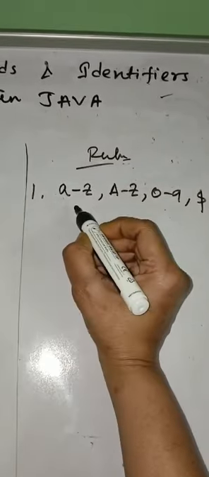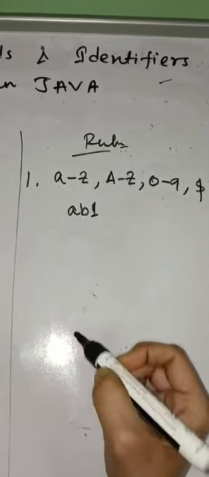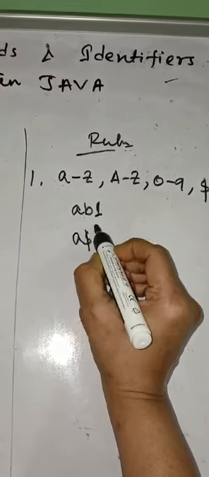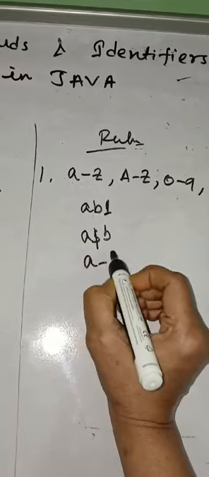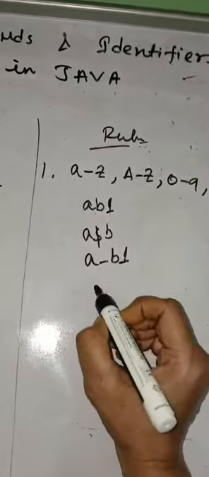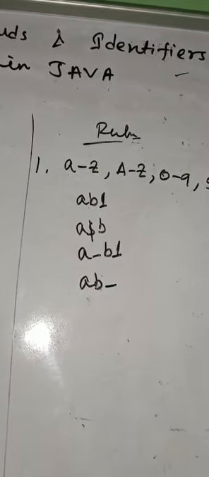So maybe your identifier is like AB1, this is a valid identifier. A$B is also valid. A underscore B1 is also a valid identifier. AB underscore is also a valid identifier.